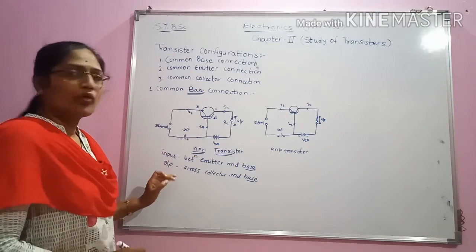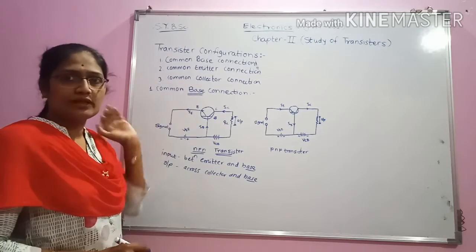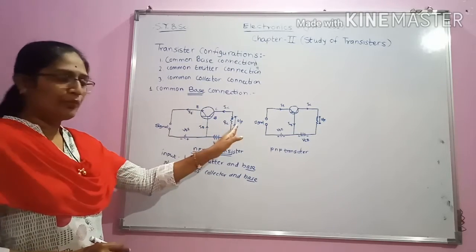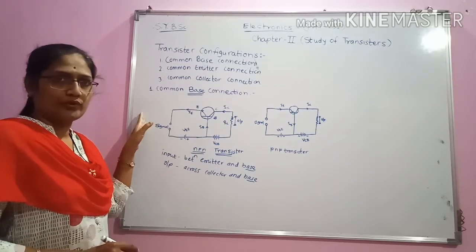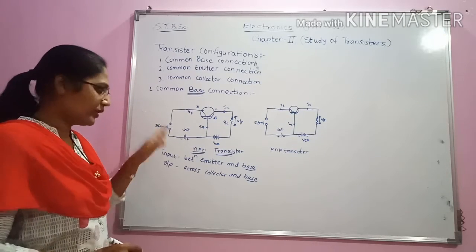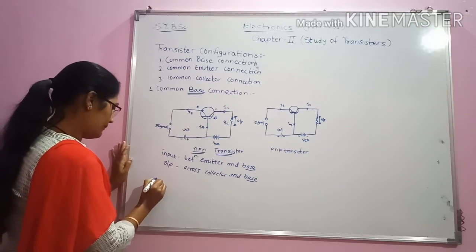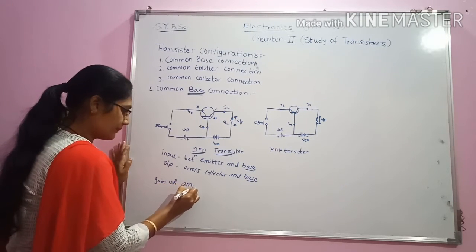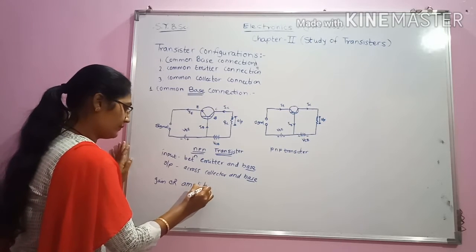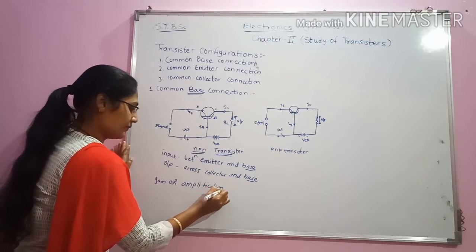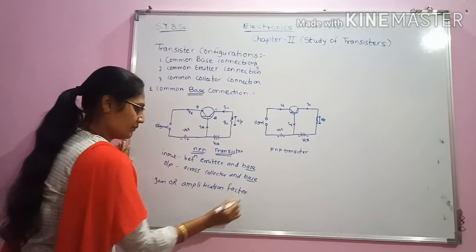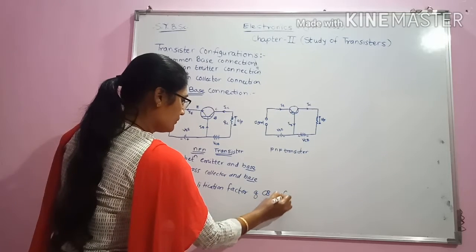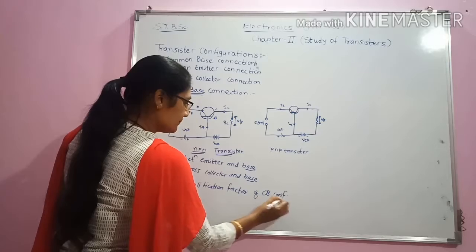Now we will see what is the gain of this common base connection. What is gain? Gain is nothing but the ratio of output current to the input current. It is called the gain or amplification factor of the common base configuration or common base circuit.